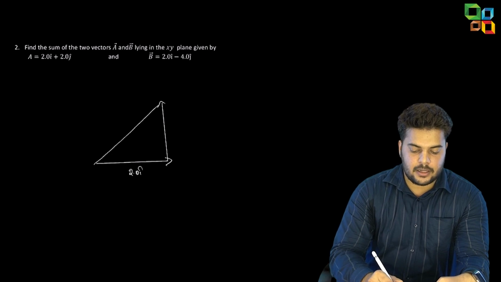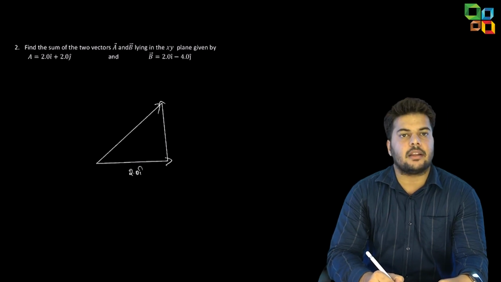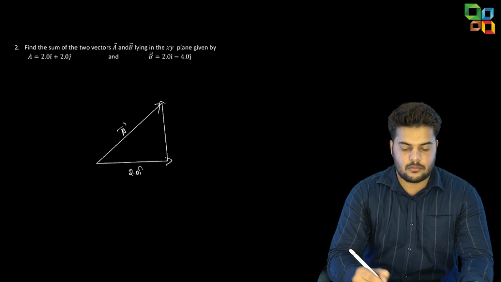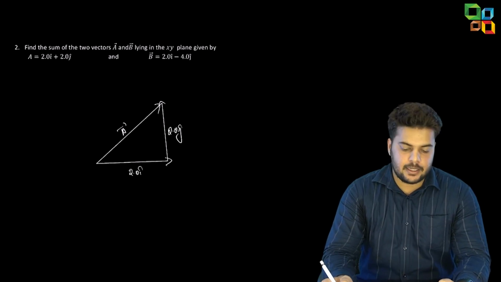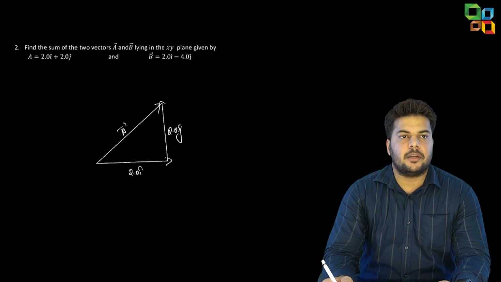This is the vector sum of those two vectors, the vector A. Now we have to add to vector A, vector B. What is vector B?